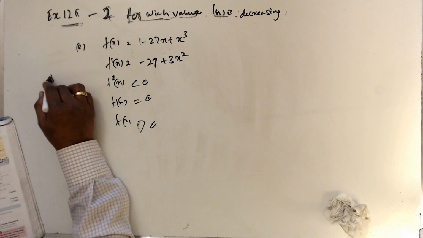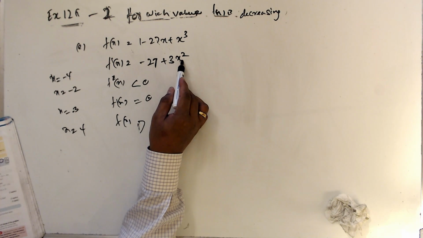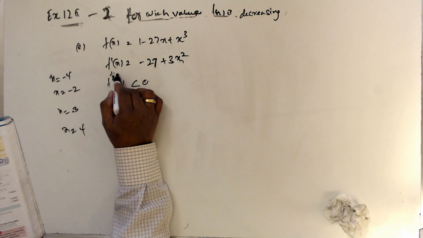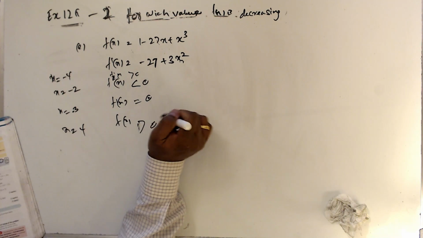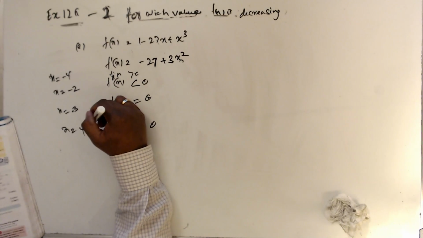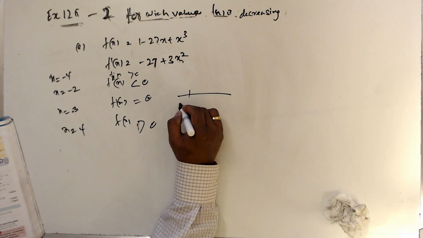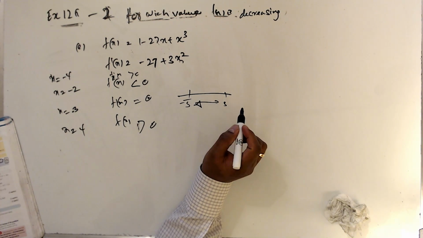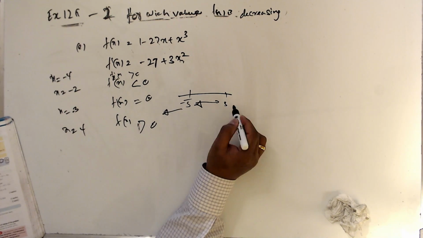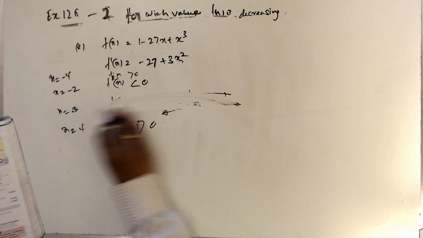What will happen when x equals minus 4? Again, it is greater than 0 here. So it is varying. Basically, from minus 3 to plus 3, it has a negative value. Less than minus 3 or more than 3, this function is going to be positive.